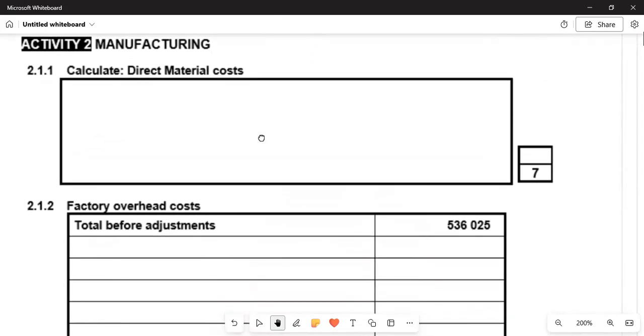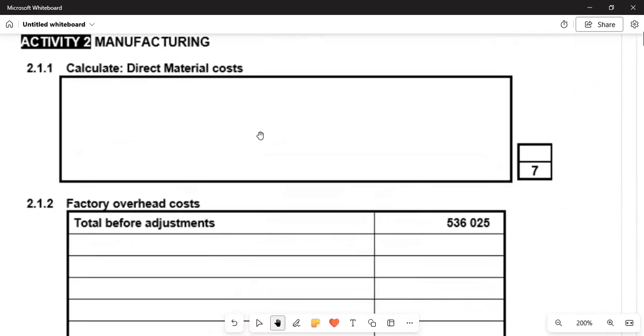So here is our answer book, table 2. We were asked to calculate direct material cost. We are first going to have opening stock. The amount for opening stock is 72,500.